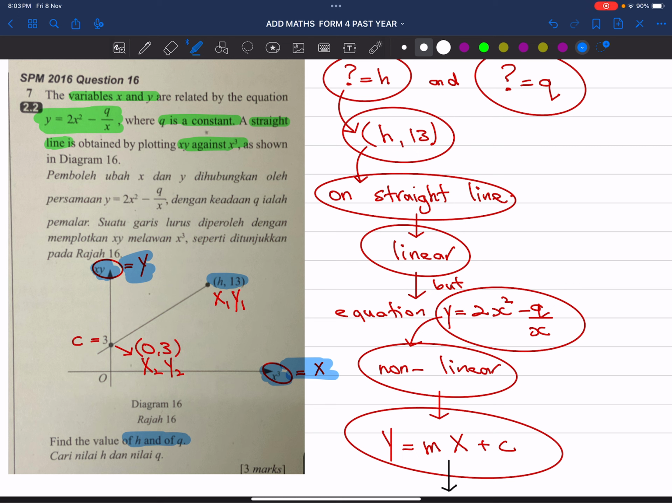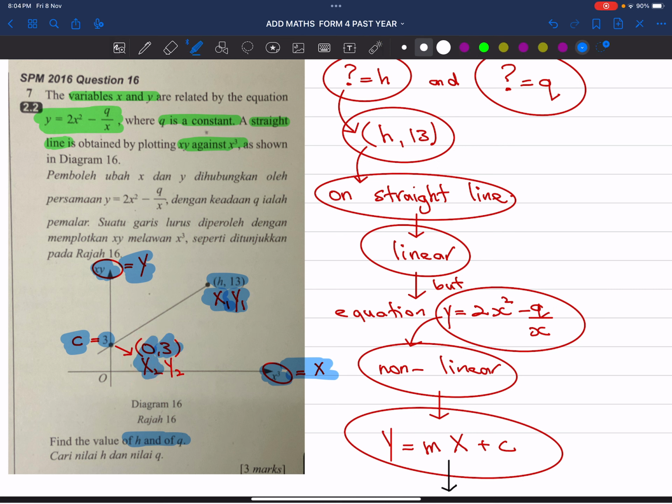H, 13, I label capital X1, capital Y1, and the 3 is the y-intercept, which I label as C. This point is on the y-axis, therefore the x-coordinate is 0, and the 3 is the y-coordinate, which I label as capital X2, capital Y2.